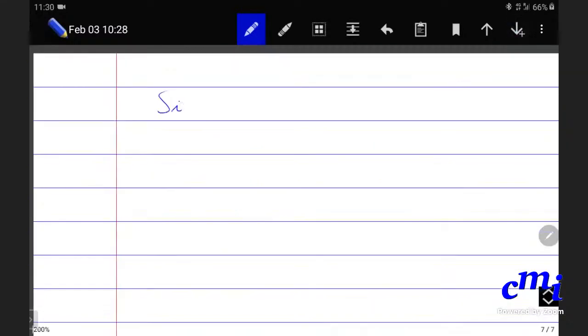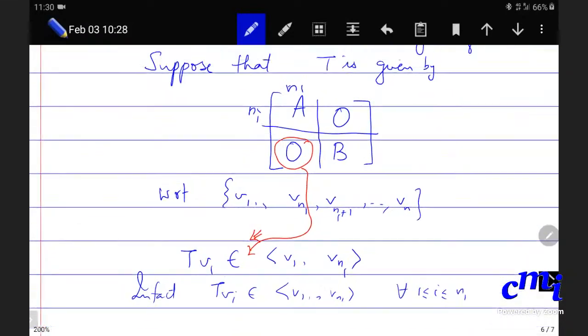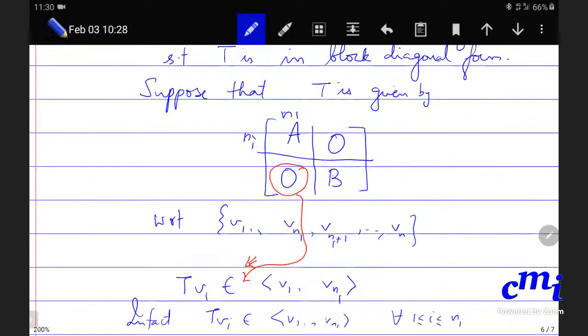Similarly, T of Vi is in the span of Vn1 plus 1 through Vn for all n1 plus 1 less than or equal to i less than or equal to n. The same reason: if you apply T to Vi, i lying in the second part, then it won't involve any V1 through Vn1.